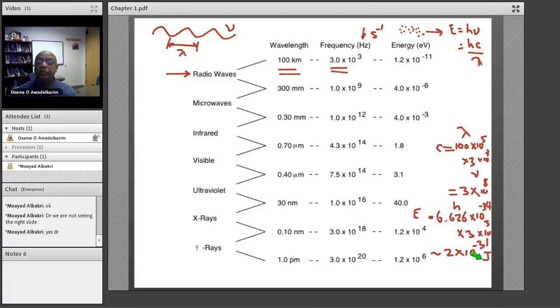Now the question becomes, can we come up with a smaller unit of energy? Joule is clearly a very large unit for the kind of energies we're talking about. Let us think of a potential difference of 1 volt between 2 points, plus and minus.